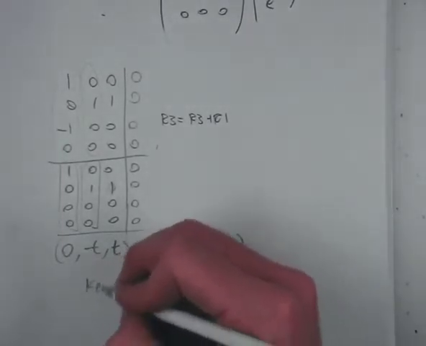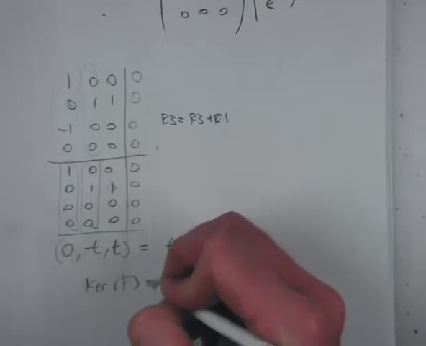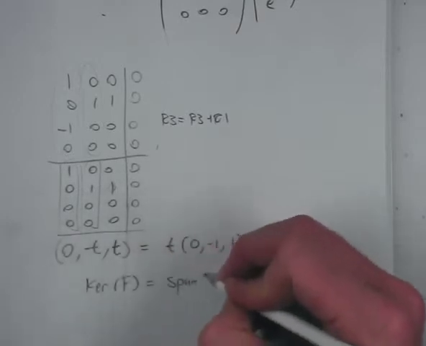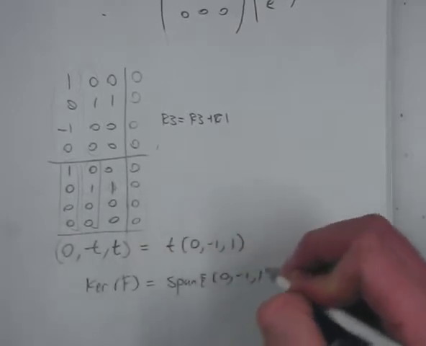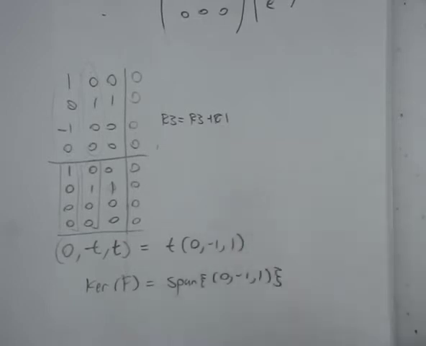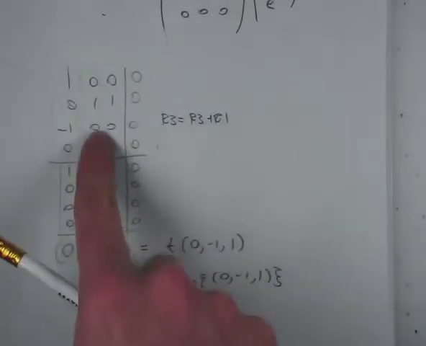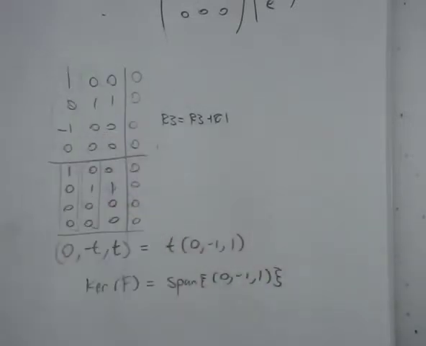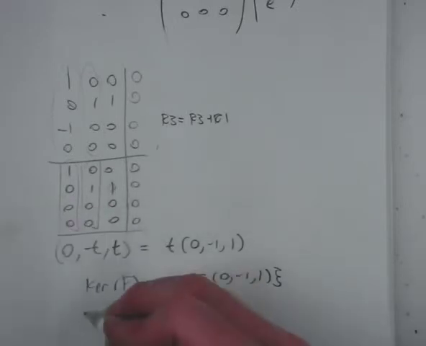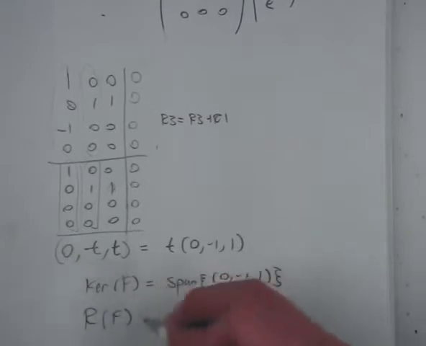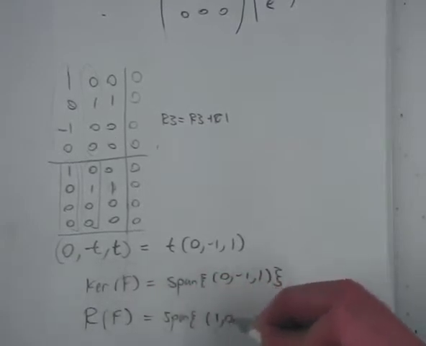So the kernel of f is the span of (0, -1, 1), which is the basis we got before. And the range is the span of the original columns that produced the pivot there. So the range of f is the span of these two vectors.